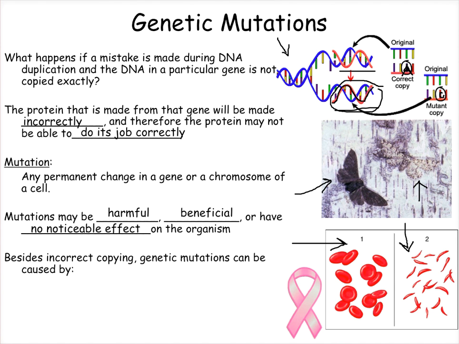Because this person does not make the blood cell protein correctly due to its mutation, his red blood cells will not be shaped correctly, which is why you see them flattened in these crescent shapes. Because they are shaped incorrectly, they will not be able to carry oxygen efficiently. This results in a disorder called sickle cell anemia, which can cause pain, weakness, and unfortunately an increased chance of an early death.